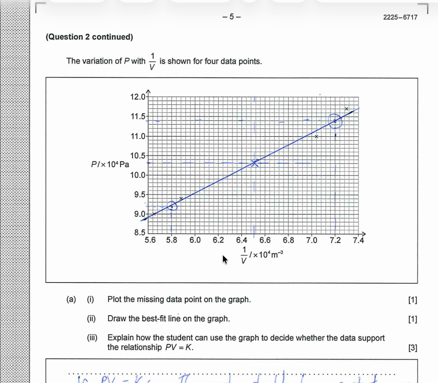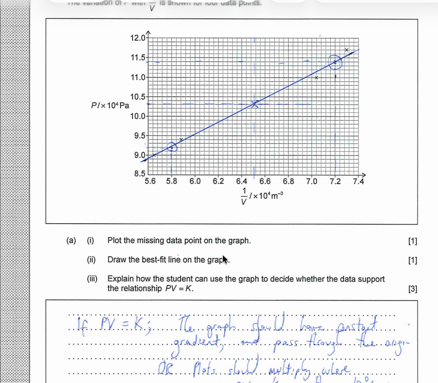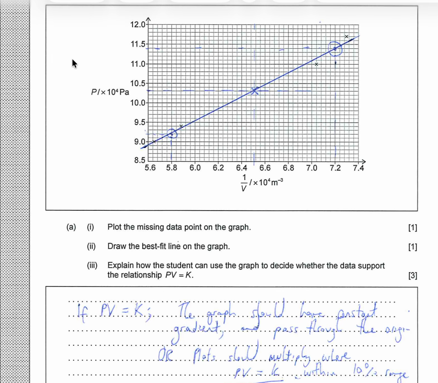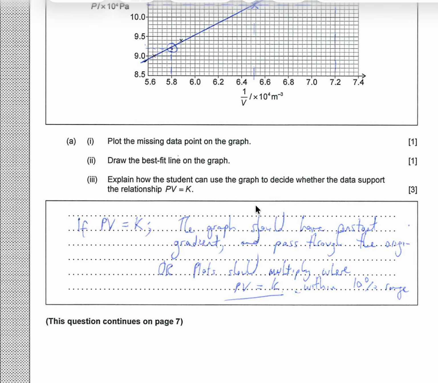Okay, now we're being asked if this graph can be used to prove the relationship PV equal to K. Well, we've got P on the y-axis and 1 over V on the x-axis. So if PV is equal to K, then that's saying we should have an inverse proportional relationship.